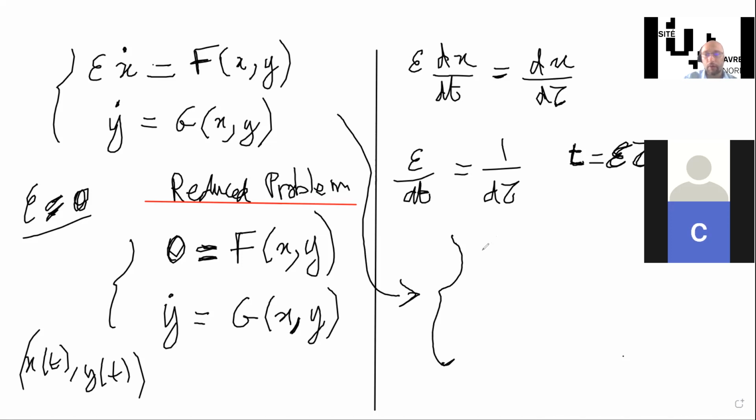Let's call it now x prime. So the time has changed, right? It's a change of variable. So it's the same.